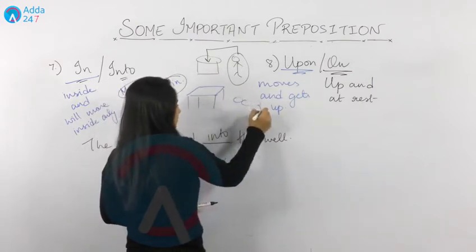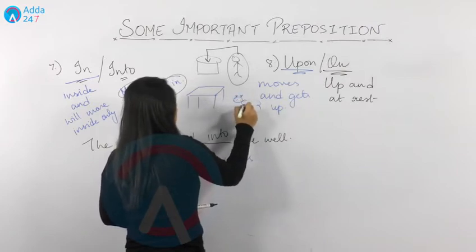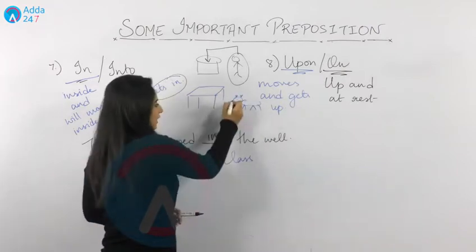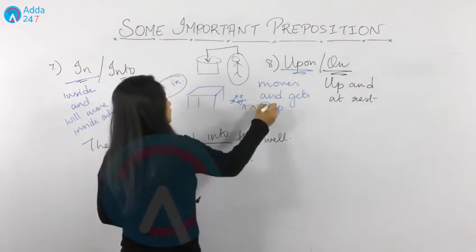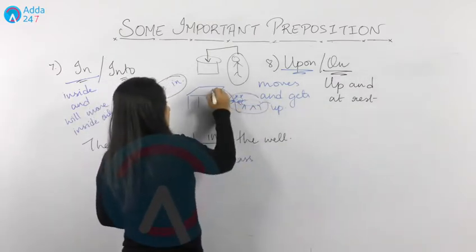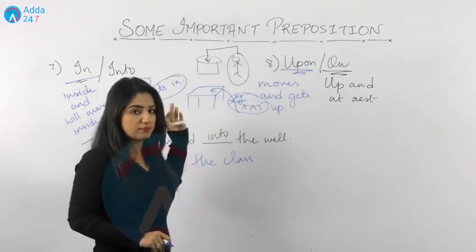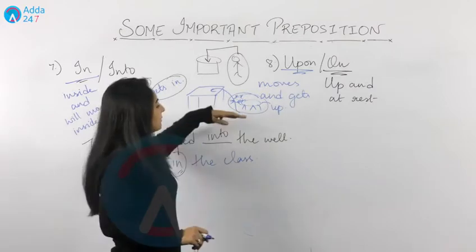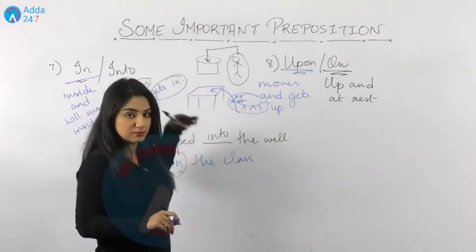Something is there, for example, suppose there's a table here and a cat is here. I know I'm very bad at drawing, please don't mind this, okay? Suppose a cat is here and this cat moves from this place and gets on the table. Now can you tell me what will I place in this sentence? The cat moves from its place and then goes to the table.